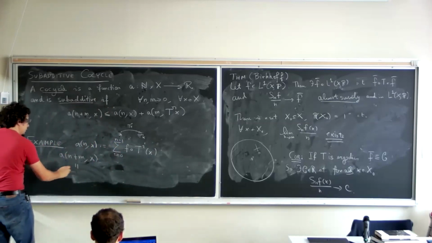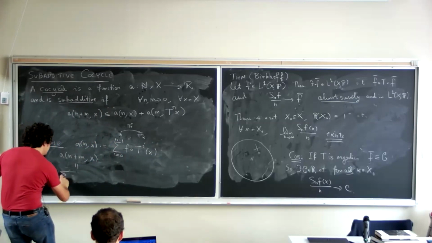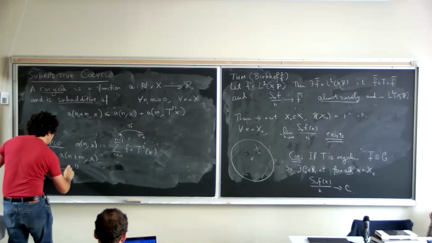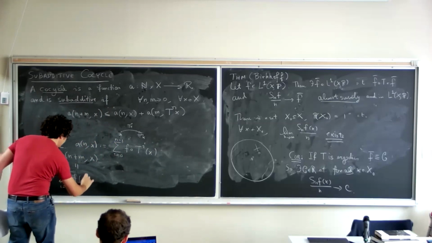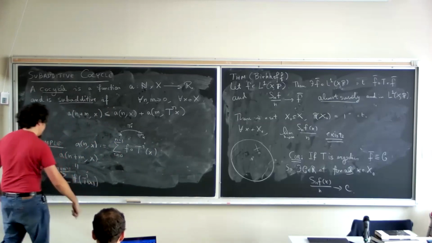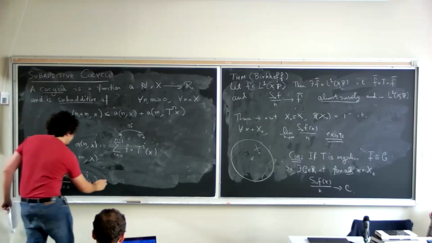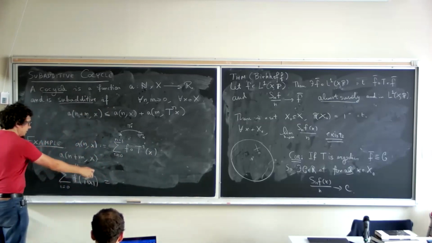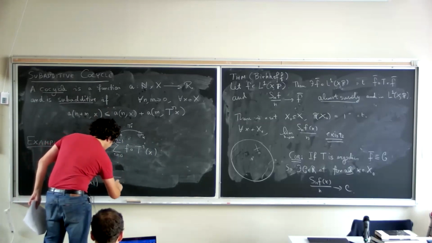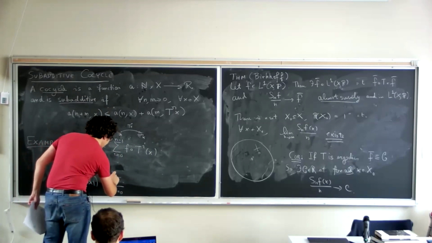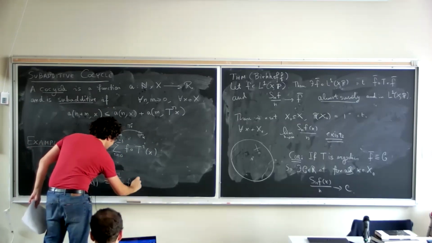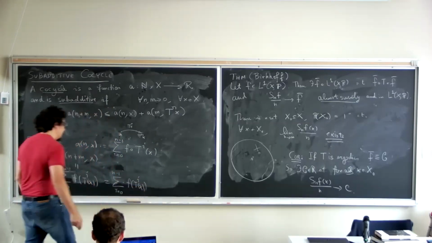So if you do this, this is the sum from i equals 0 to n plus m minus 1 of f of T^i of x. And this sum can be decomposed as the sum in the first n steps and the sum in the other steps. So this is the sum from i equals 0 to n minus 1 of f of T^i of x.